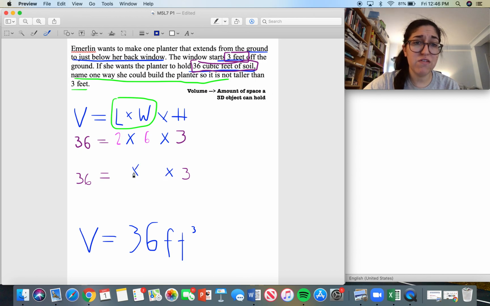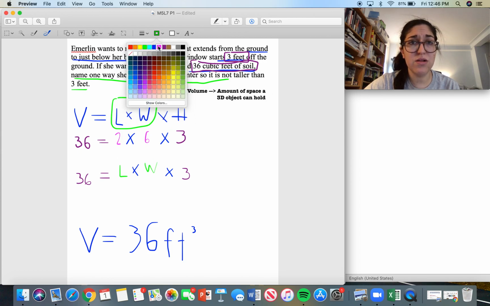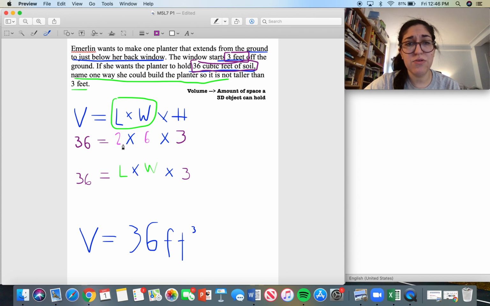Now the two things I still need to find, that I'm going to put in green here, are the length and the width. So what I did for this top one is I said, well, I know that I can multiply 2 and 3 to get 6. And if I multiply 6 times another 6, so if I make the length 2 and the width 6, I'll get a total of 36.